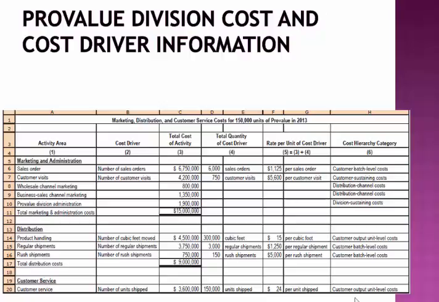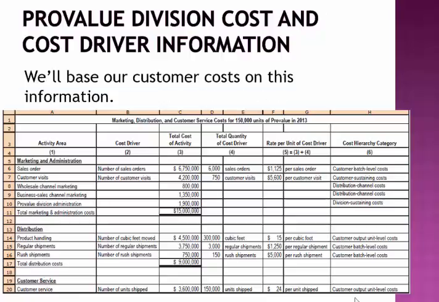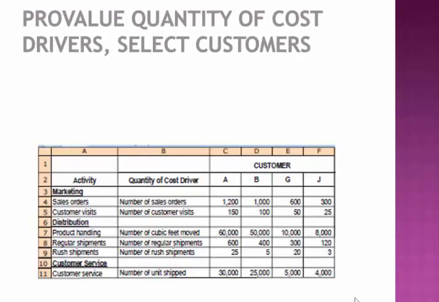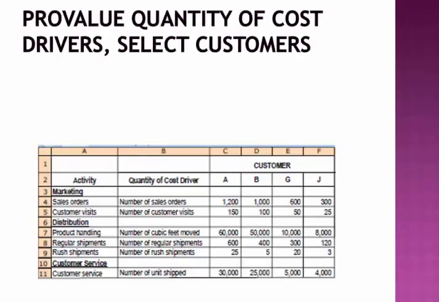So let's now take this information and couple it with the actual data regarding just 4 of the customers. Again, we're still looking at the A, B, G, and J customers, and here are the cost drivers being counted or totaled per customer.